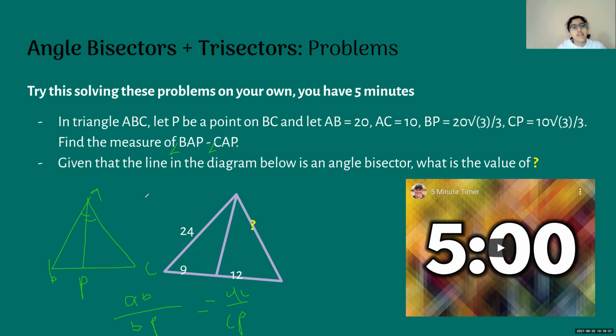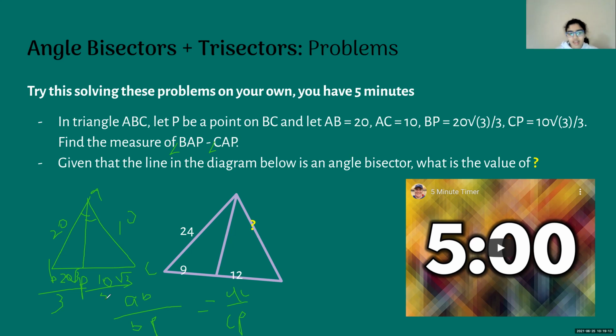So basically, in triangle ABC, let P be a point on BC, and let AB equal 20, so we label this 20, and AC equal 10, and BP equal 20 radical 3 over 3, and CP equal 10 radical 3 over 3. So using the angle bisector theorem, 20 over 20 radical 3 over 3 is equal to 10 over 10 radical 3 over 3.